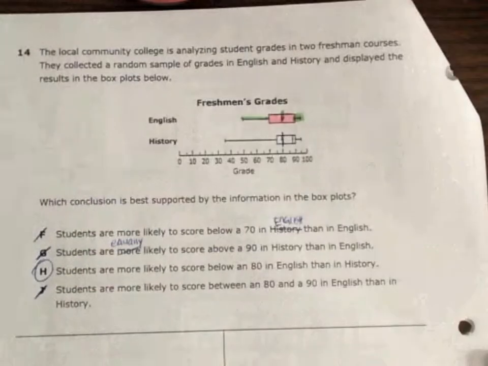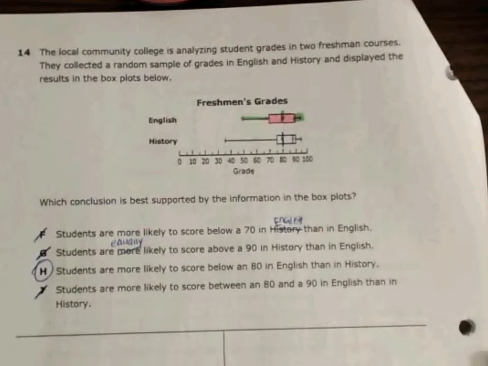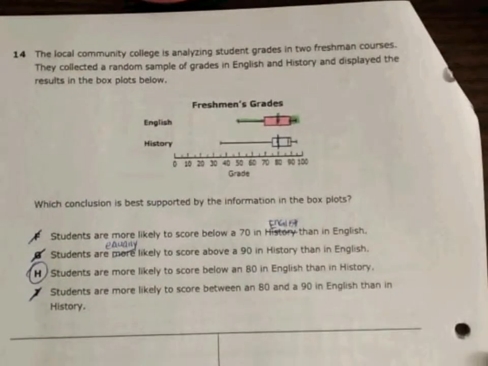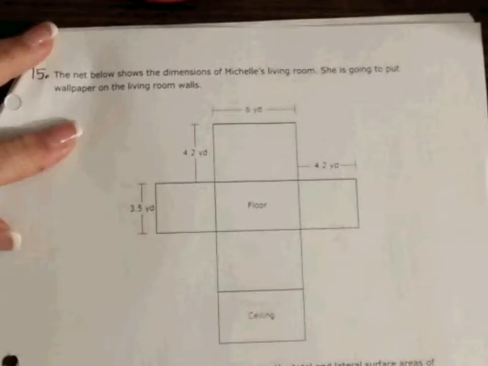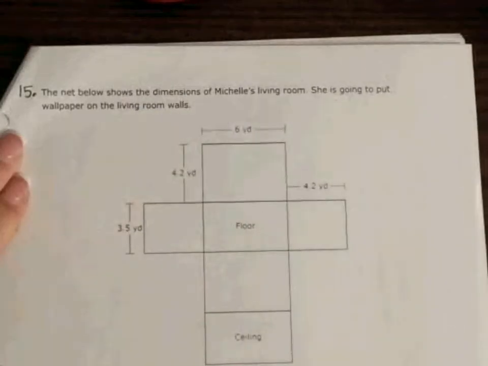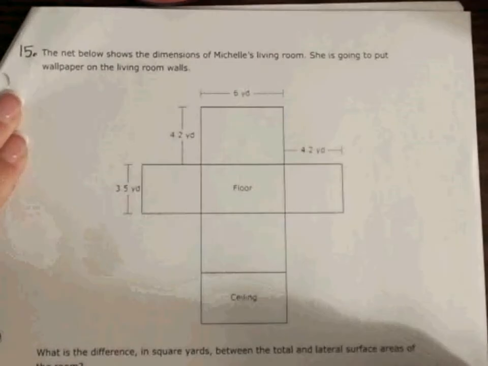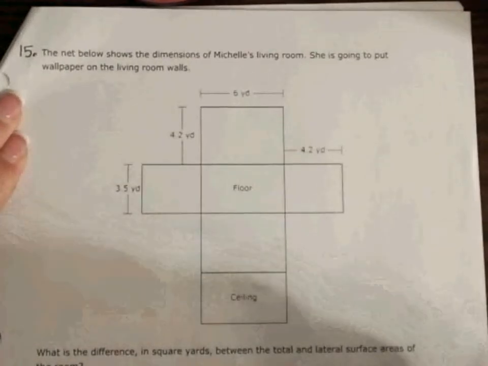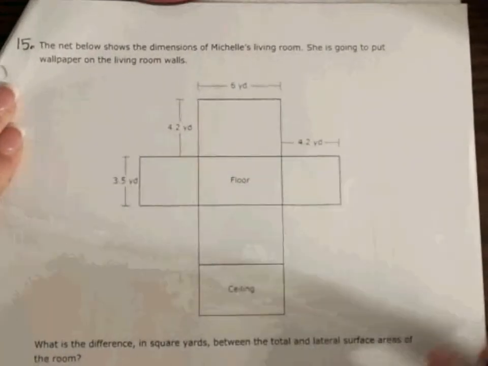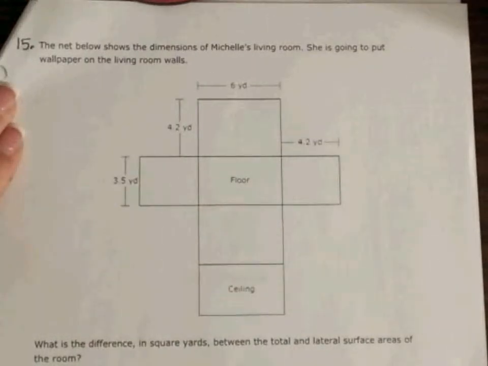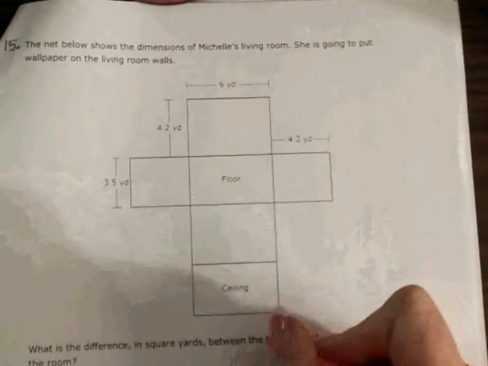Total would be all 6 of the sides of the net, and lateral are just the ones that are up and down. So we do not want to include the floor or the ceiling. We only want the vertical or lateral surface areas.